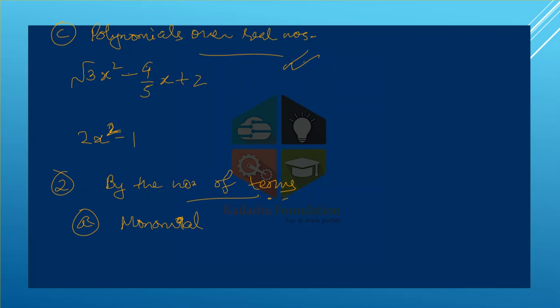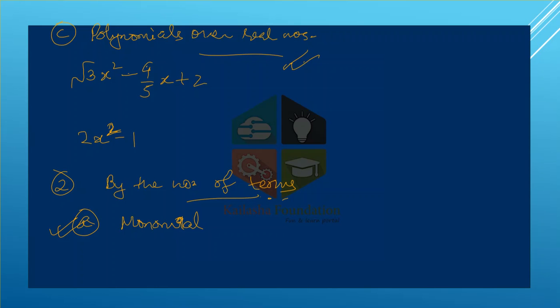This is paradoxical because polynomial means an expression containing more than one term, but then there is this monomial to identify some polynomials which have a single term.